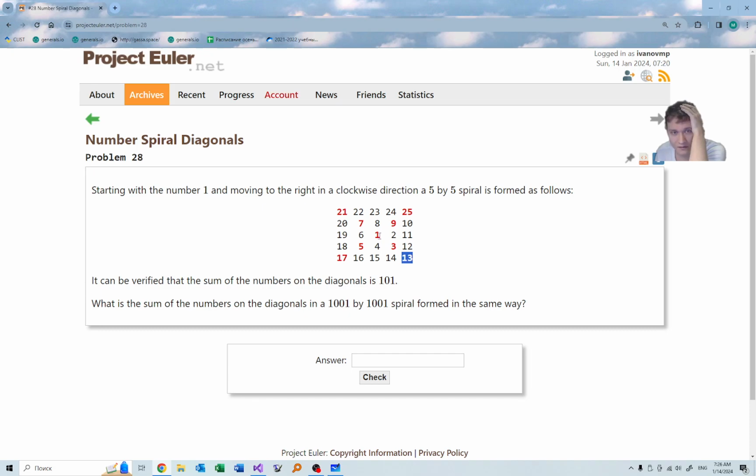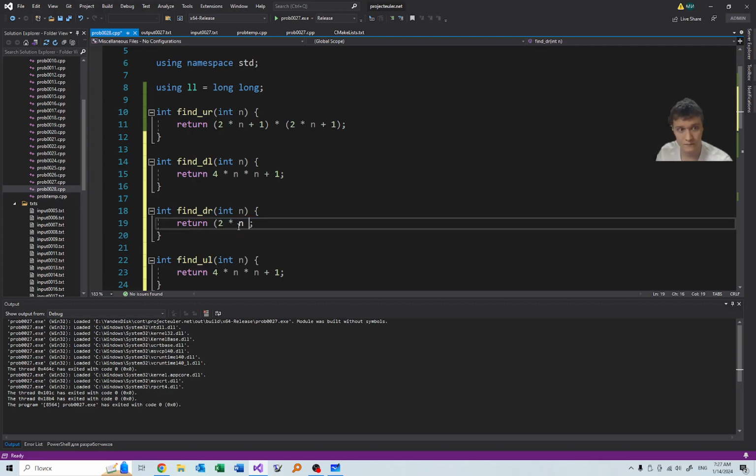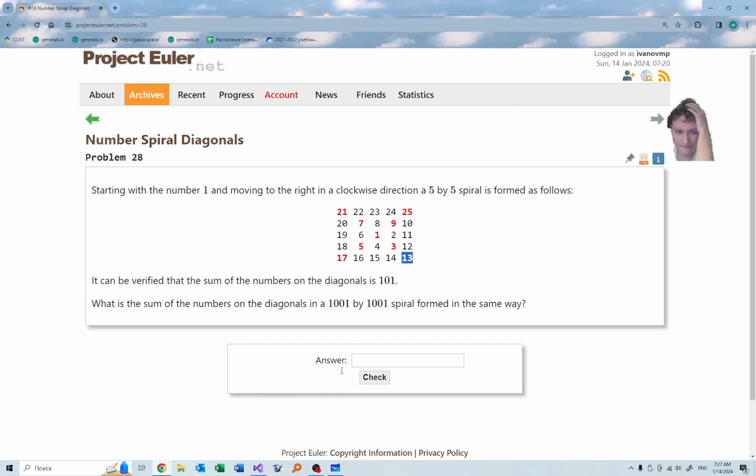The size of this rectangle by y-axis is, I believe, simply 2n minus 1. Okay, 2n minus 1. And the x size is 2n, isn't it?